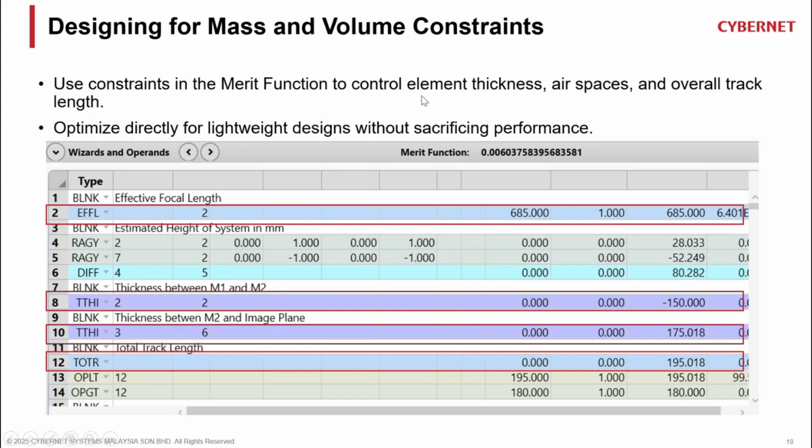For example, we control the element thickness, which is the TDHI, or the airspace. We also have boundary constraints to control the airspace and the glass space, and the overall track length, TOTL, which is the entire length of your system design, and we optimize directly for a lightweight design without sacrificing performance.